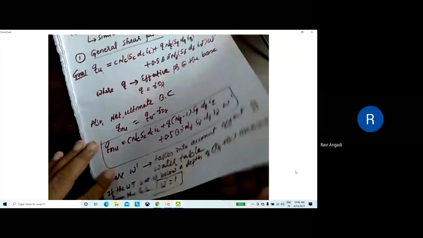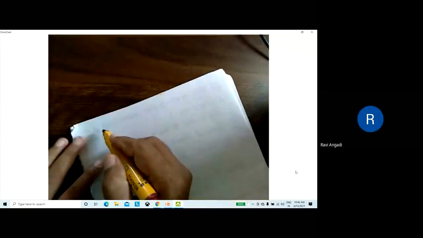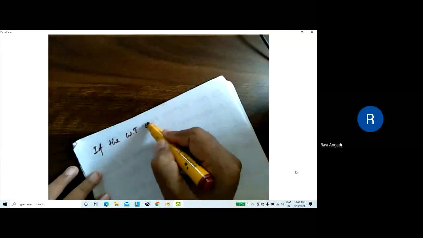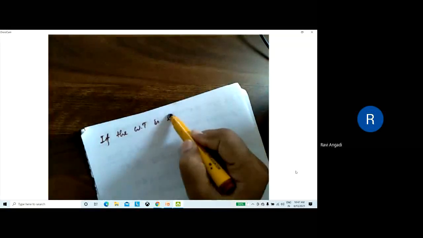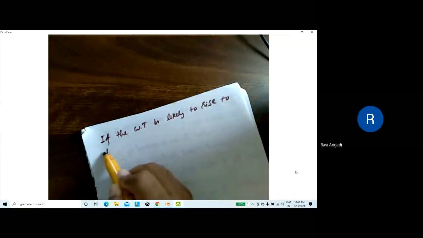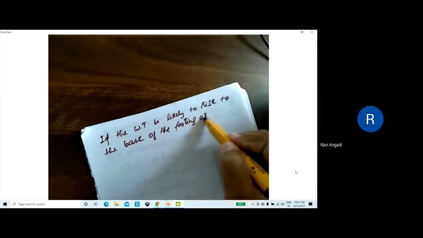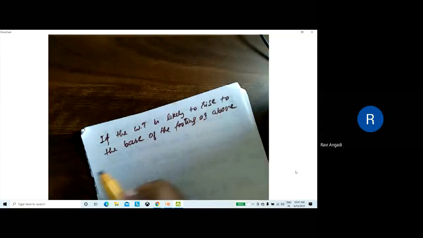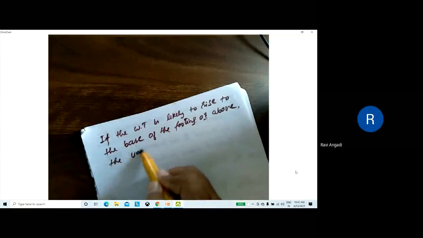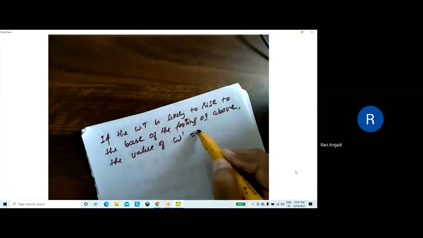Okay. Next. Suppose the water table is likely to rise to the base of the footing or above the footing, the value of W dash is equal to 0.5.